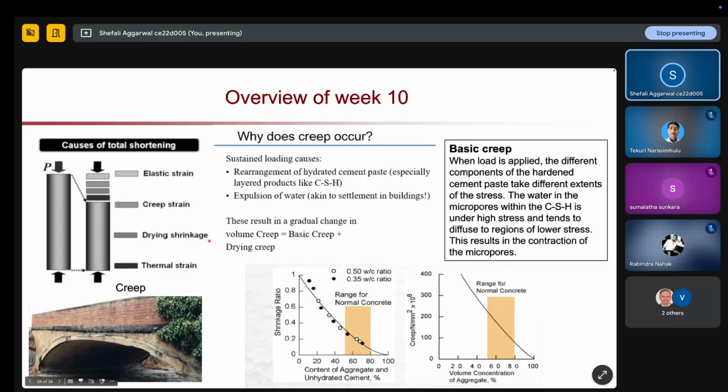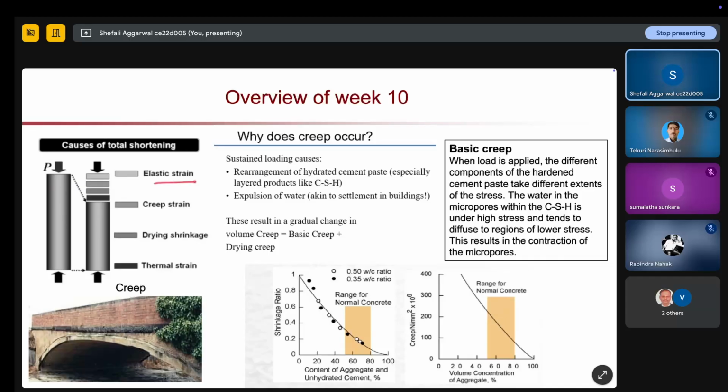First, if we talk about creep, what exactly is the definition of creep? It is permanent deformation due to sustained load. If we say this element is being loaded from top and bottom, there is a deformation happening in this column. This is the final shape, and this deformation can be due to various reasons.